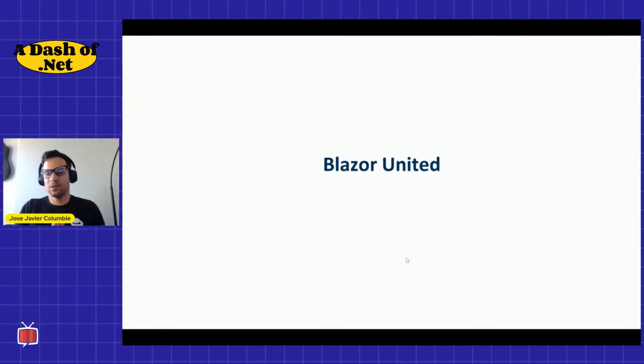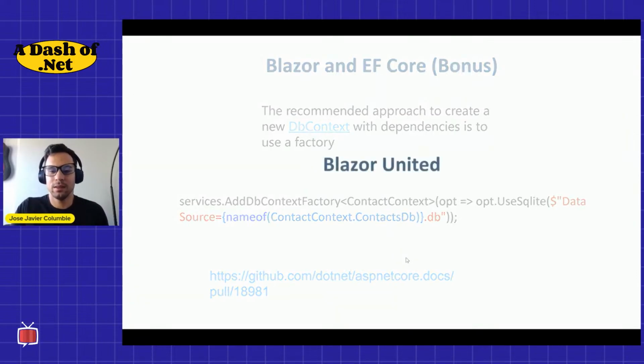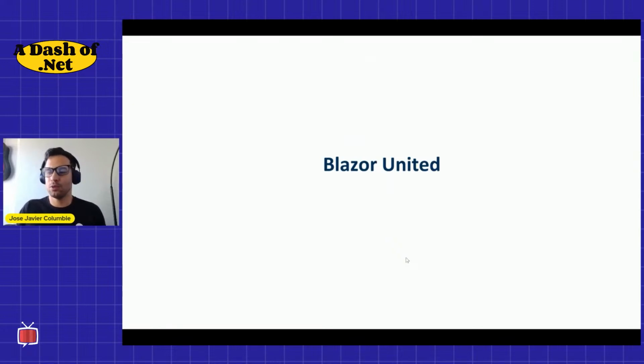So if you architect your application right, with everything that we have discussed, and you have a middle tier API, and you have your Blazor components in a NuGet Razor class library, you can basically mix that and use a part of your application in Blazor Server, and the other part in Blazor WebAssembly.